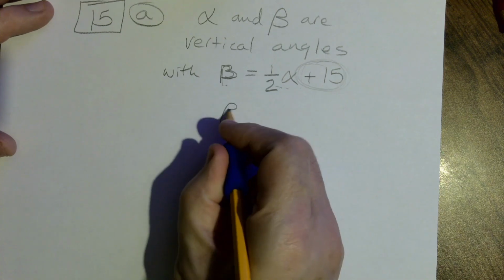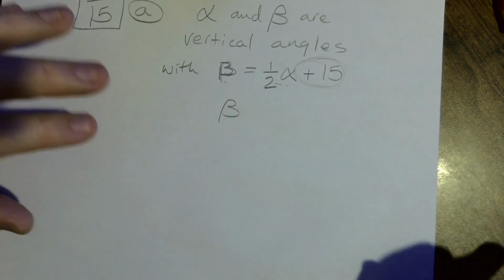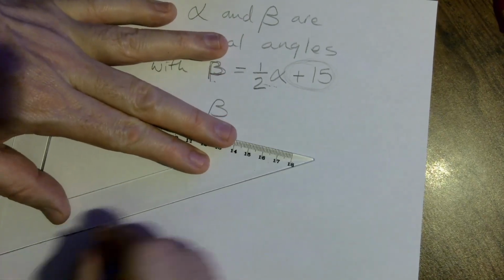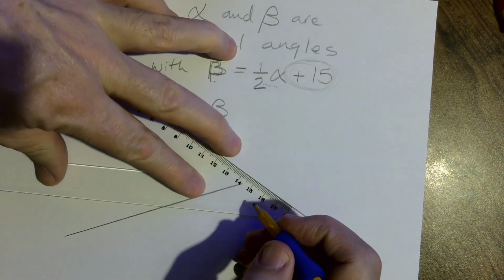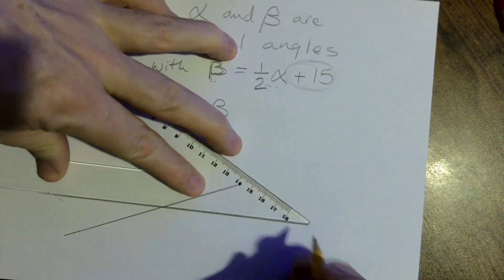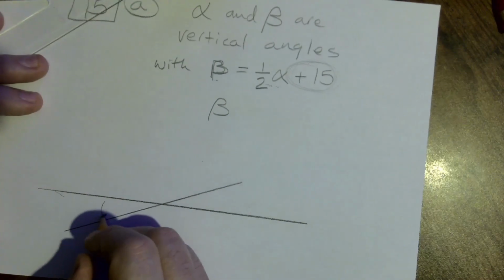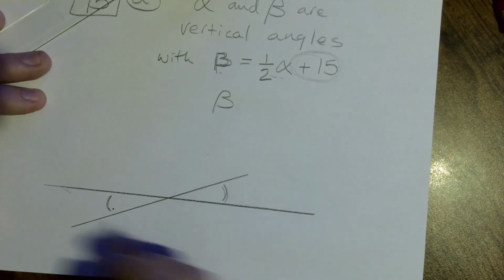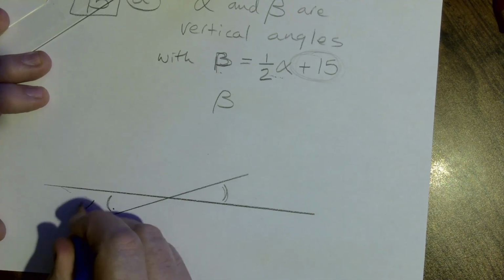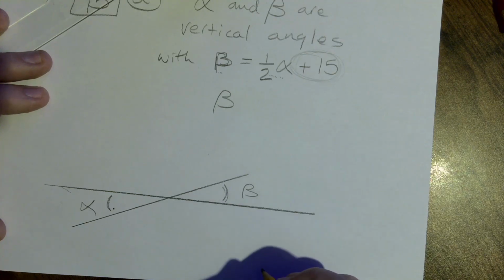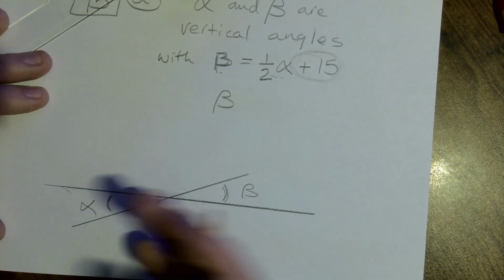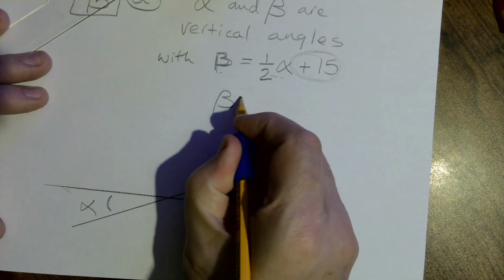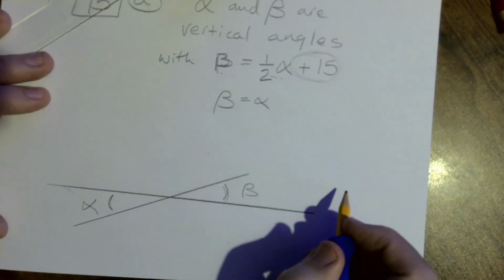That means they're formed from 2 lines. Vertical angles are like that. Those are vertical angles. Alpha and we have beta. Thing is, with vertical angles, they're equal. Beta equals alpha.